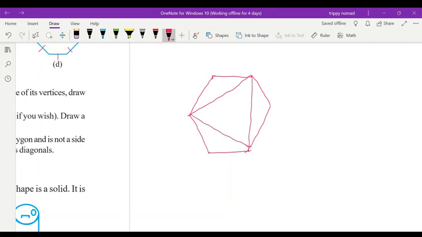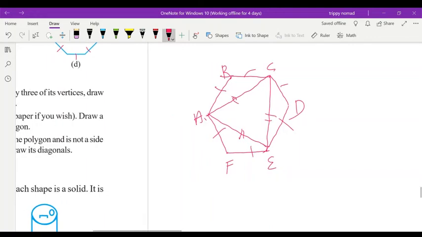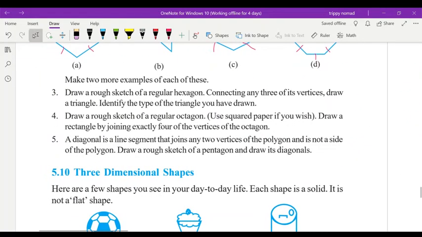So here if we start putting names A, B, C, D, E and F, then A, C, E, what is that? Vertices I have joined, and this was a regular hexagon with equal sides, and by connecting these three vertices we will also get a regular triangle, that is called an equilateral triangle.